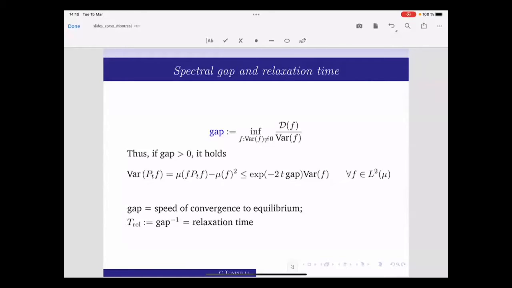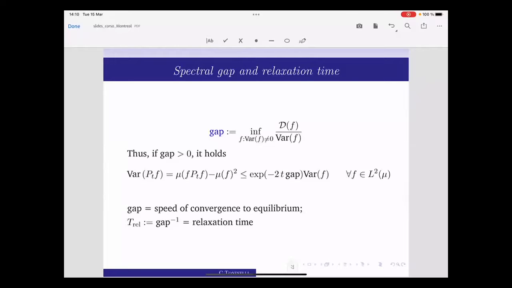Now we want to analyze more the regime in which convergence to equilibrium occurs and try to understand how this convergence occurs: if it occurs exponentially fast or slower than that, and at which speed. In order to do that, we have to introduce our main quantity for today, which is the spectral gap. The spectral gap is the first non-zero eigenvalue of the generator.